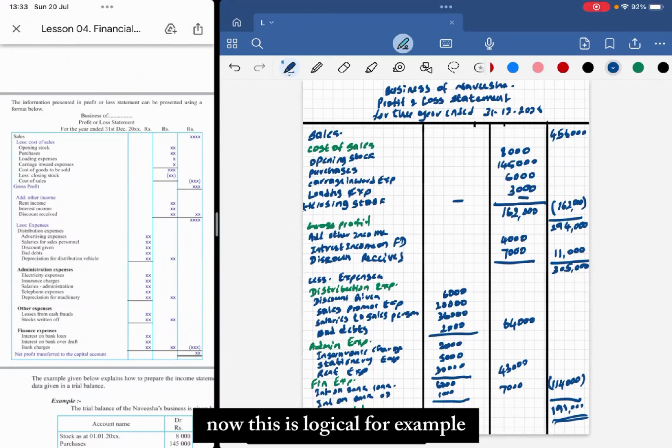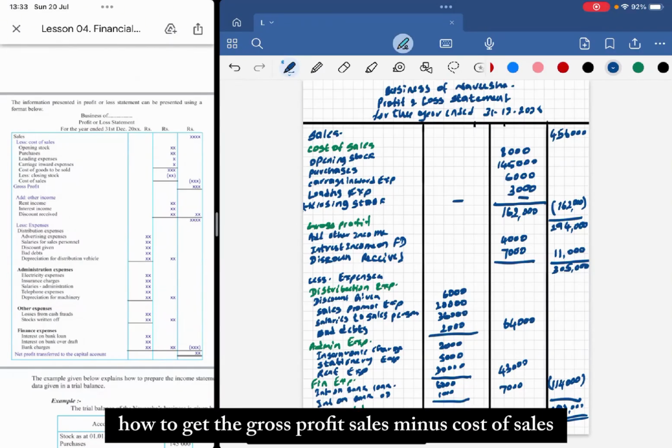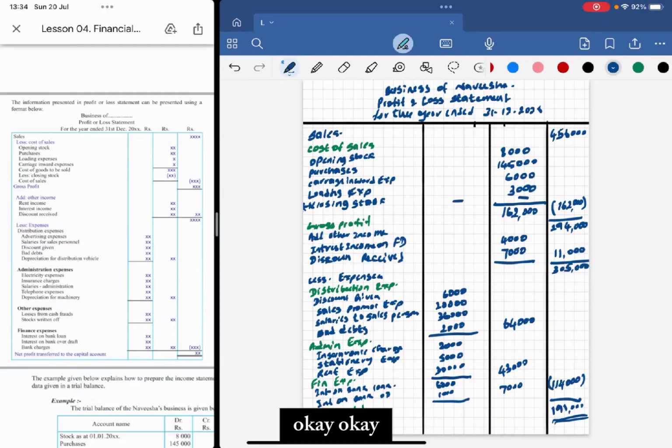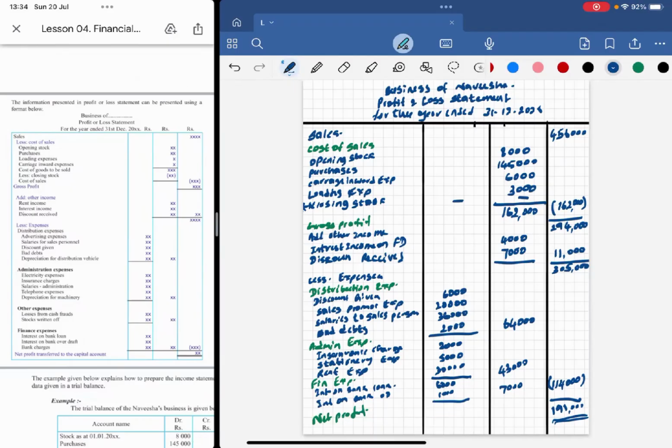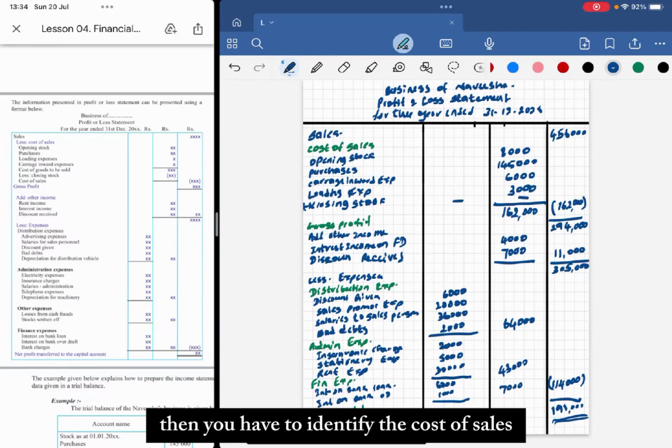Now this is logical. For example, how to get the gross profit: sales minus cost of sales. Then you add the other income, and then you deduct the expenses. When you are deducting expenses, you will have to take the four categories. It is the logicality behind this. You have to start with the sales, then identify the cost of sales, then sales minus cost of sales is gross profit. So you will arrive at the gross profit, and then you have to calculate the net profit.